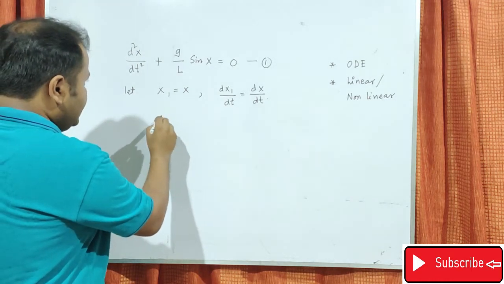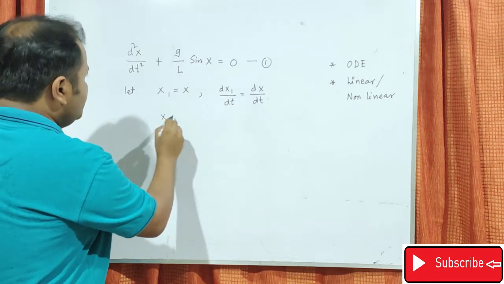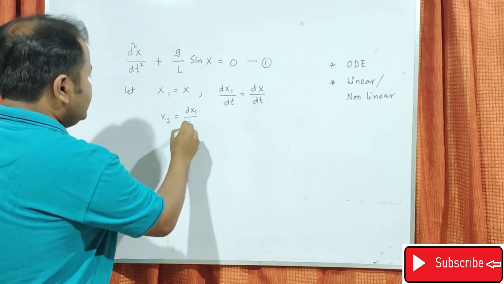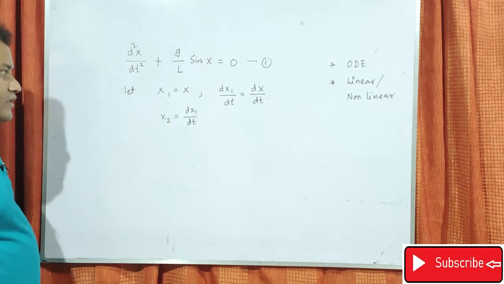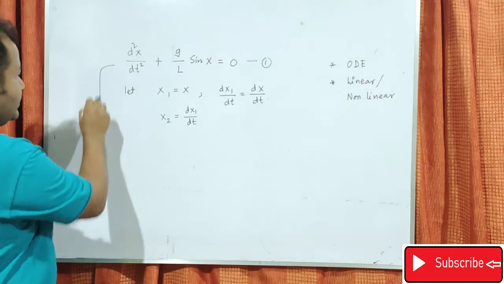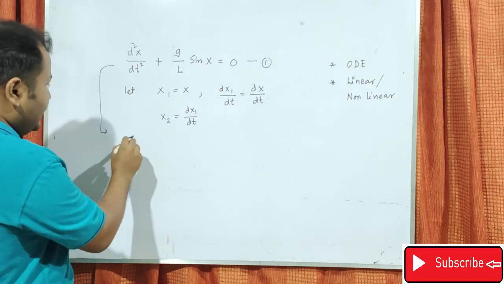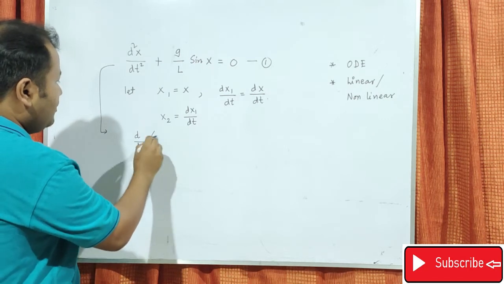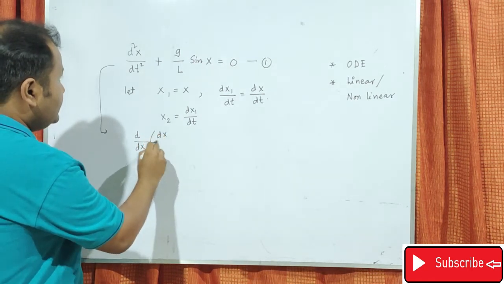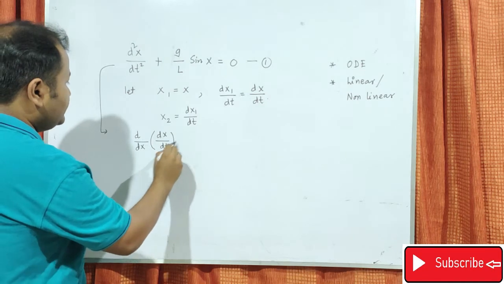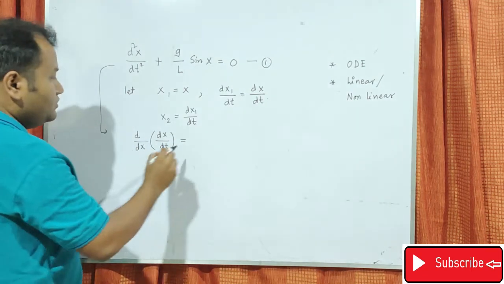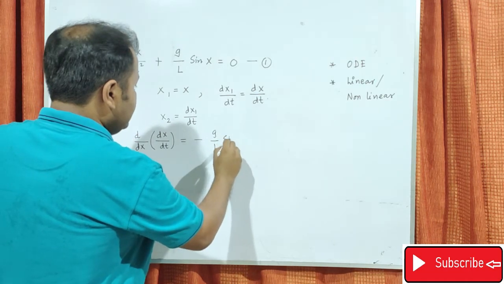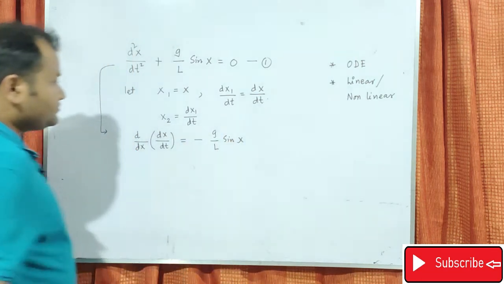And let's say x2 equals dx1/dt. Now what will this equation be? Can I write it as d/dt of dx/dt equals minus g/l sin x.